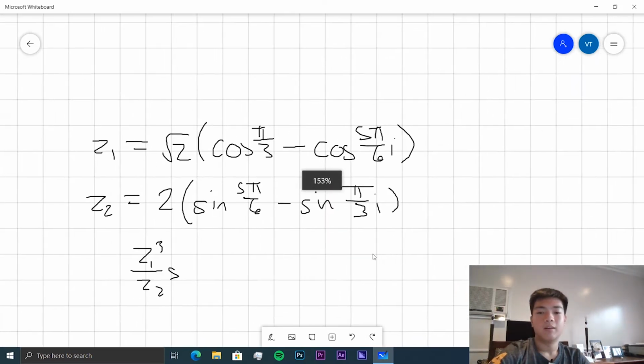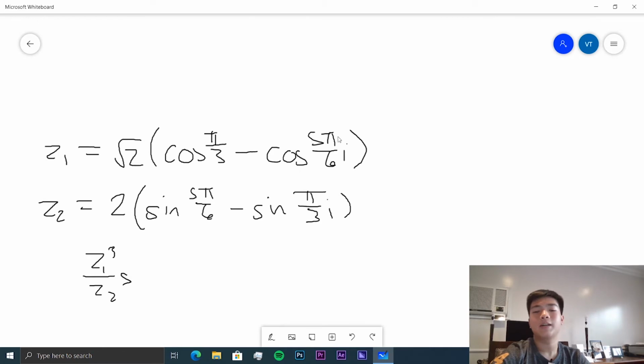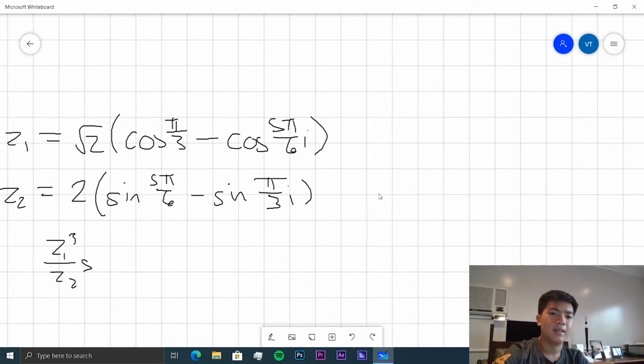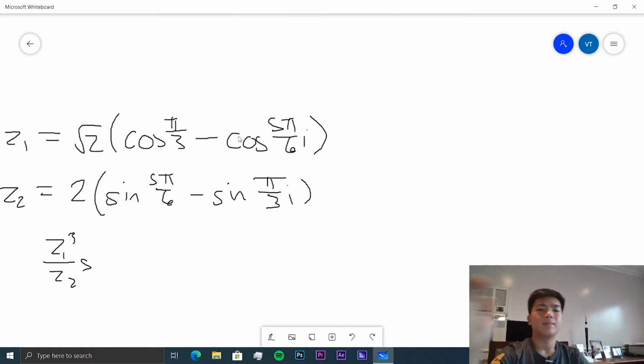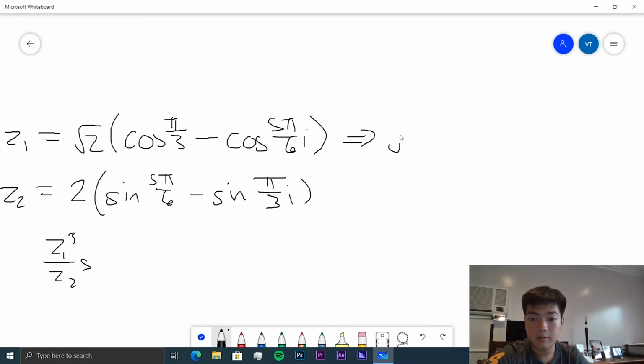What we need to do is convert this cosine 5 pi over 6 into a sine value. Luckily, minus cosine 5 pi over 6 is equal to plus sine pi over 3. So we can rewrite this as square root 2 cis pi over 3.